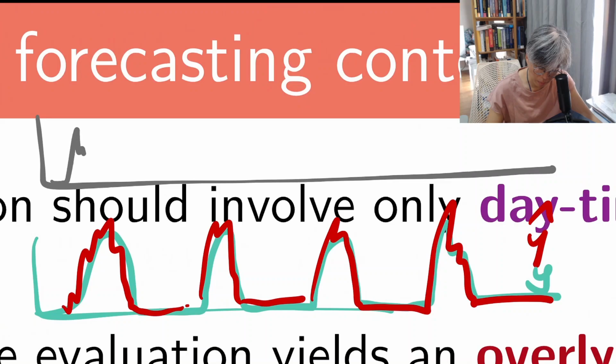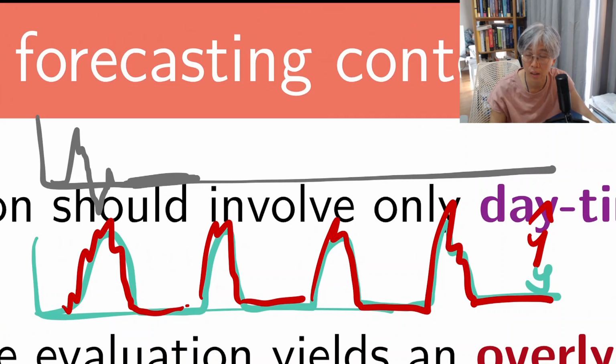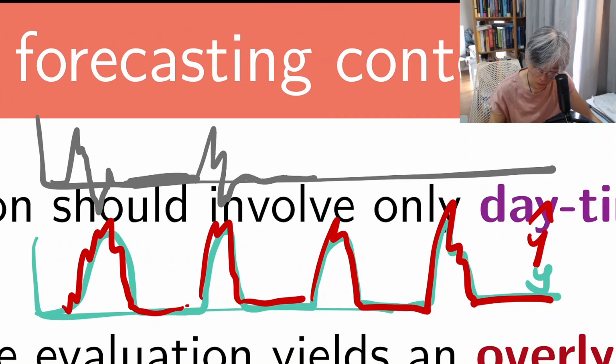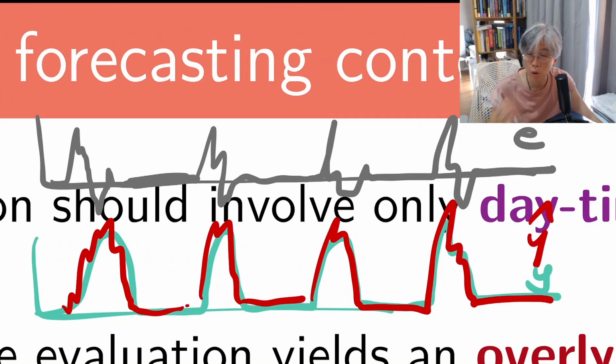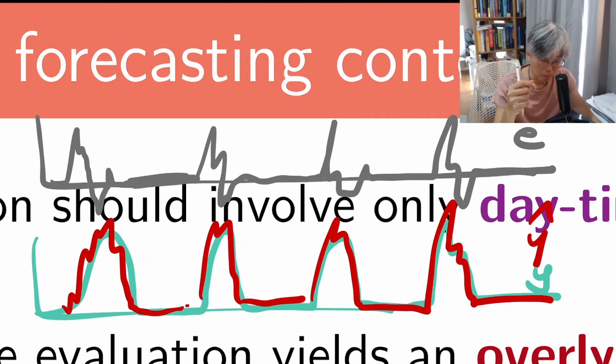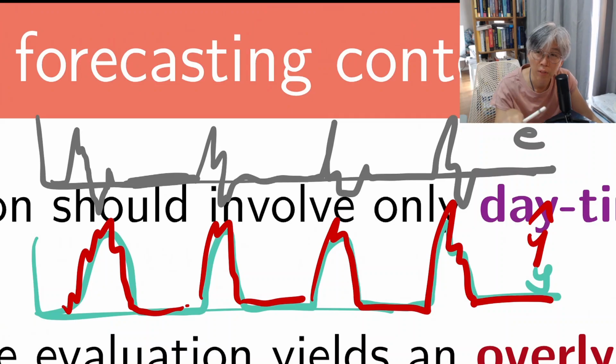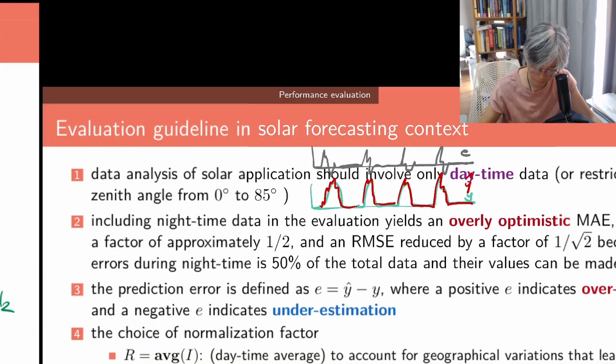I'm going to have some error, maybe plus and minus, but at nighttime I can get the zero error very easily, because most of the time you can make a prediction that at nighttime y hat is zero, right? So that's why your error looks like this. It also implies that we should make an analysis of the error only on the daytime, okay? Because half of the data is at nighttime, and those half data are zero error.